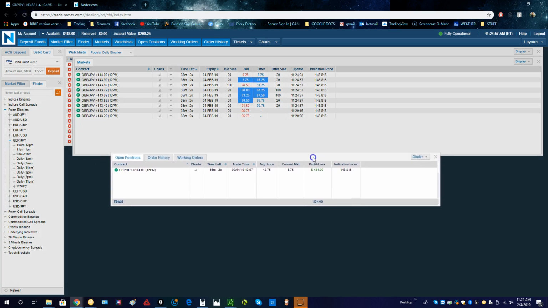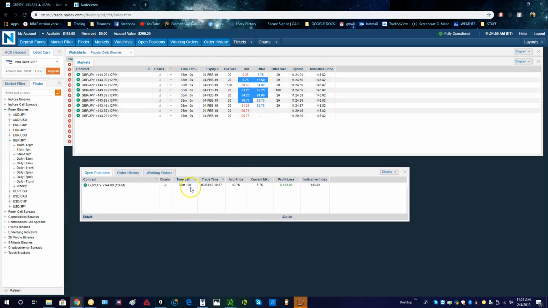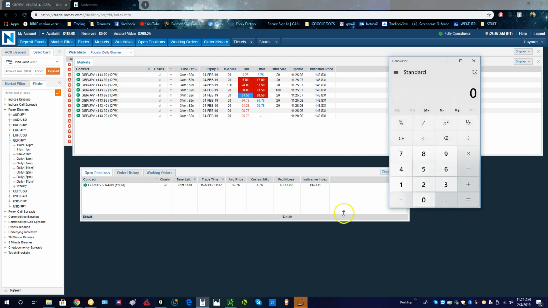Now, this contract is essentially dead. I sold the 144.09 contract for $42.75. What that means is every contract on Nadex is worth $100. And if I sold it for $42.75, that means I risked $57.25. Now, I'm not going to hold this until expiration.